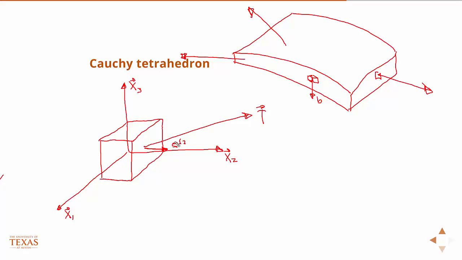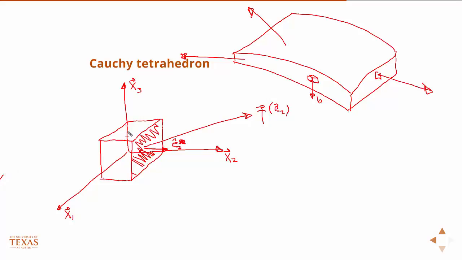So this is a little unit vector, E2, that defines the normal to this face. When I write my traction over here, I'll write it as T in the E2 direction.